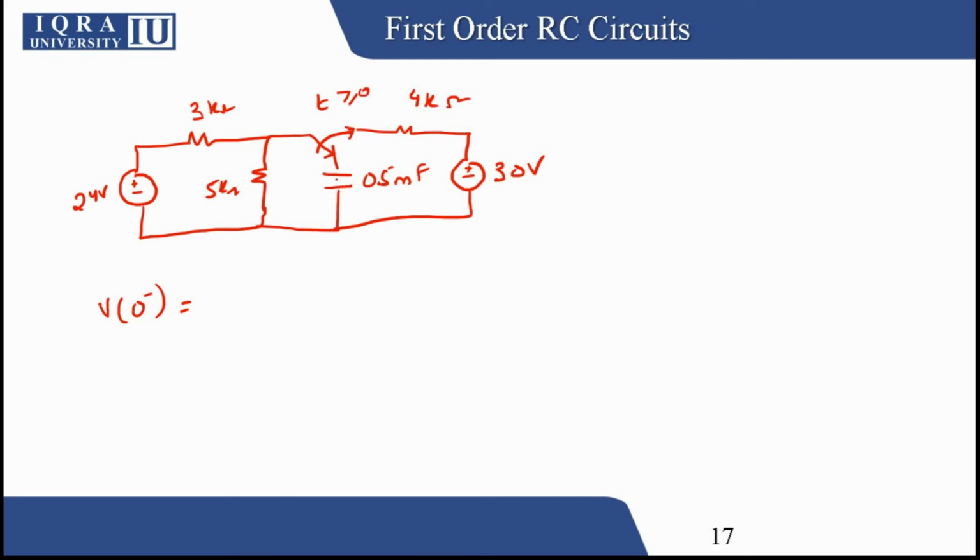These are two resistors, so the voltage across the 5 kilo ohm resistor will be the voltage across the capacitor. So we have the 5 kilo ohm resistor over 5 plus 3 kilo ohms multiplied by 24 volts, which will be 15 volts. This is the initial case. So for time less than 0, the voltage across the capacitor is 15 volts across 0.5 millifarad.